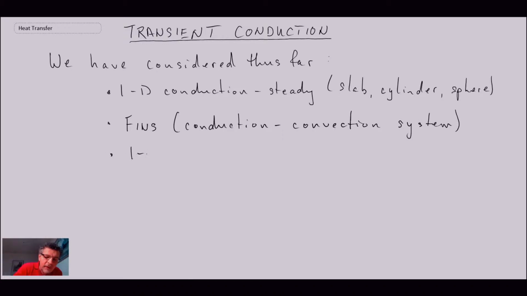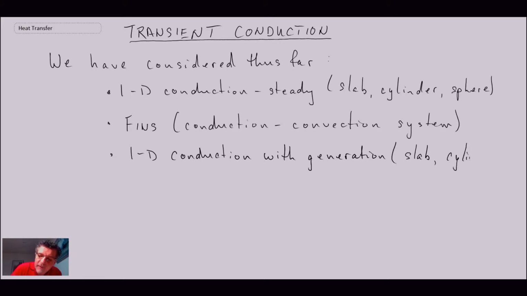We also looked at the case of one-dimensional conduction with internal generation. And again, for that, we were able to look at a slab. When I say slab, that's a 1D system, basically a chunk of material, a cylinder or a sphere.